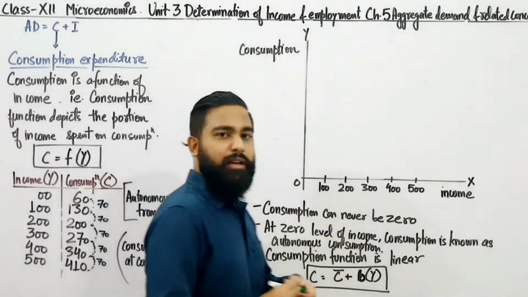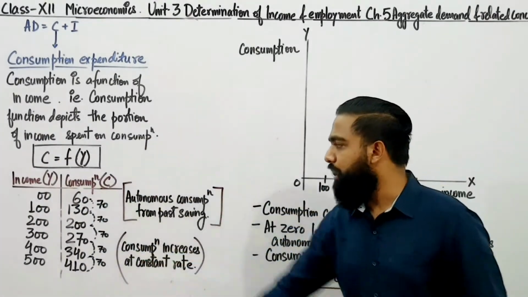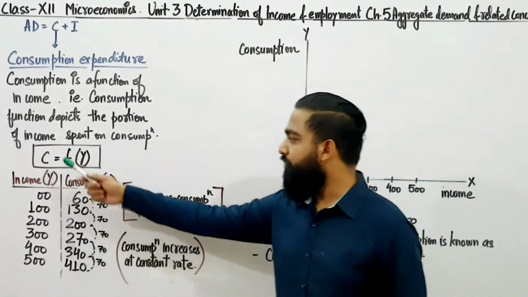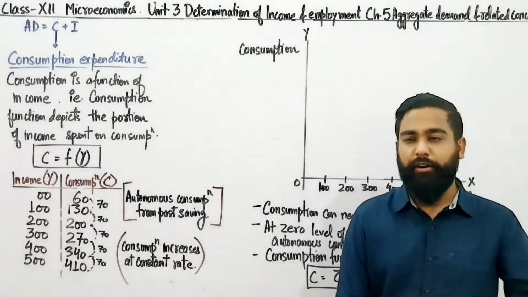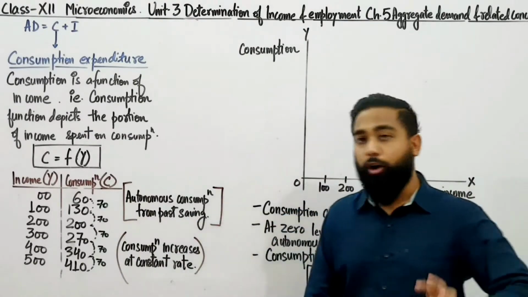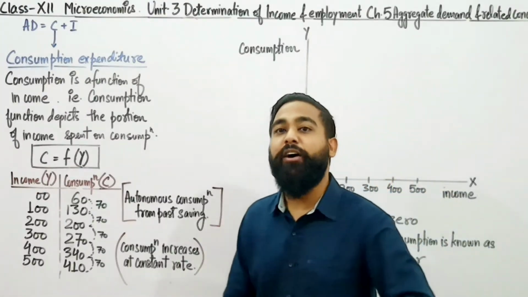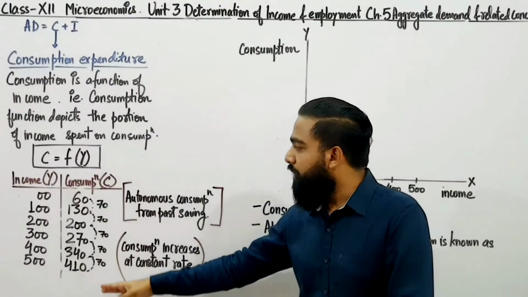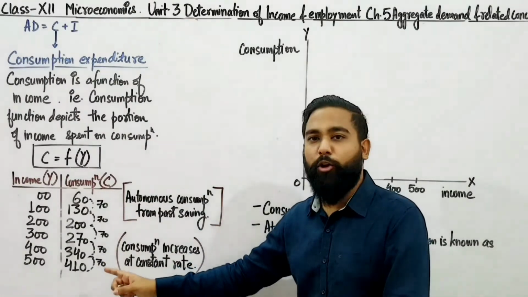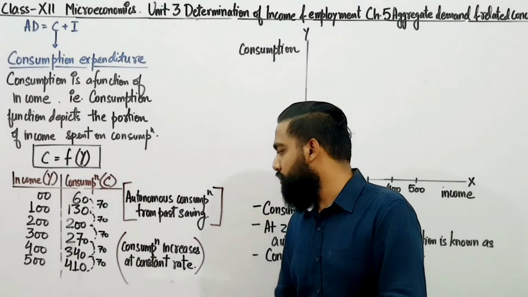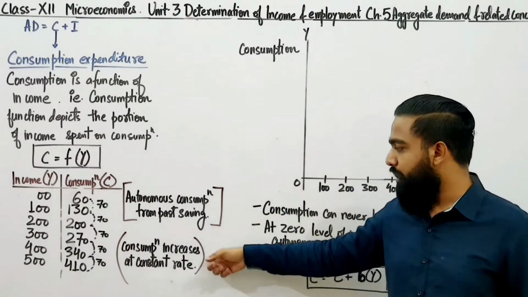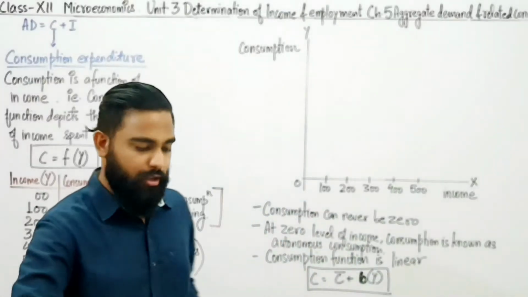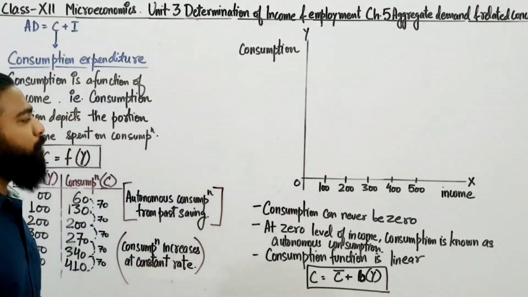So there is an increase in consumption at a constant rate. Fine. If income is increasing at a constant rate, then the consumption will also increase at a constant rate. Mind it. Always remember that consumption increases at a constant rate.